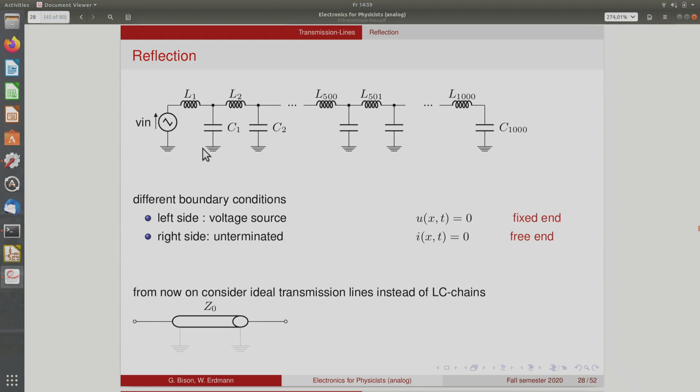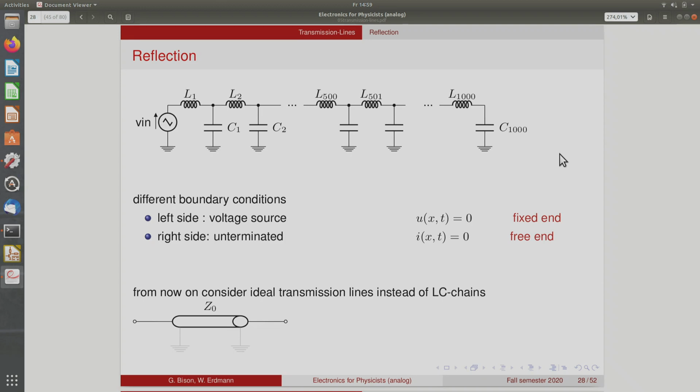So our boundary condition here for our wave is that the voltage is 0, while on the other end, we have instead nothing. So there's no current flowing out. So the boundary condition at this end is that the current is 0. This is called a fixed end when we fix it to some voltage, and this is a free end when we just let it dangle in the air and let no current go out.